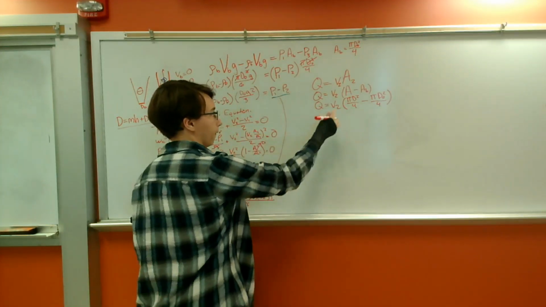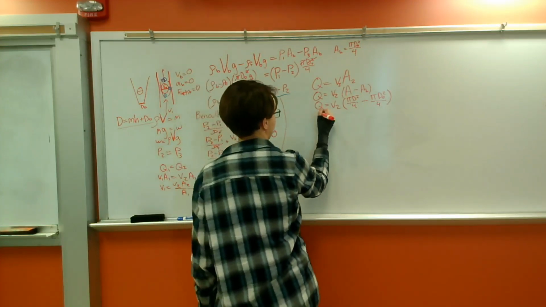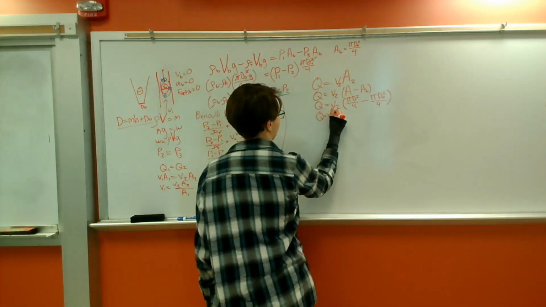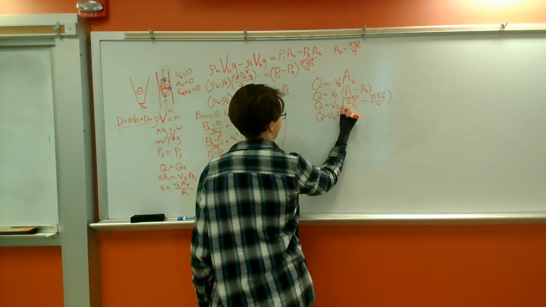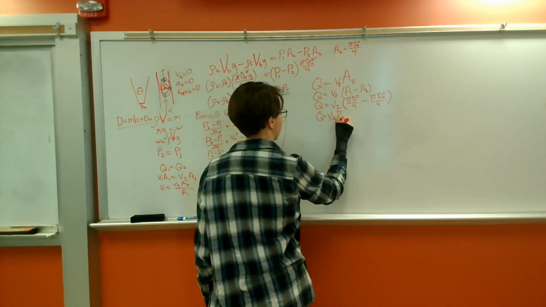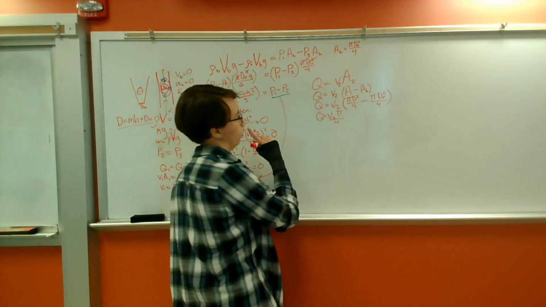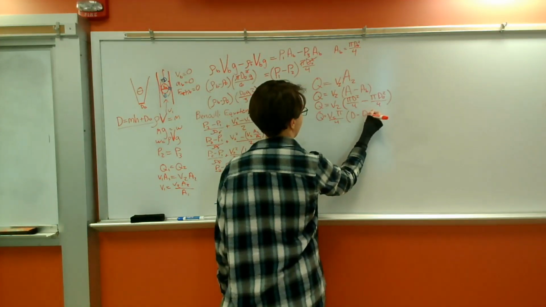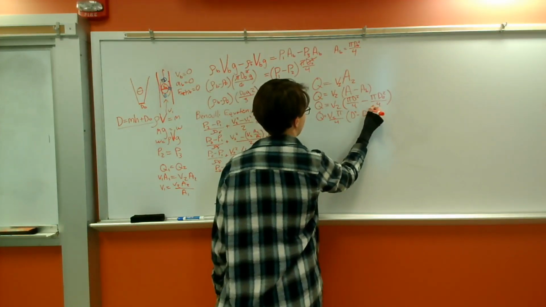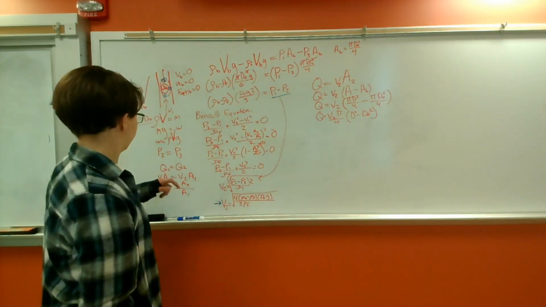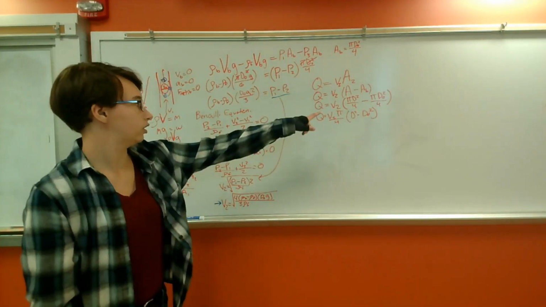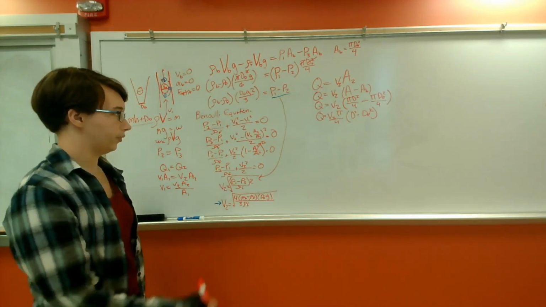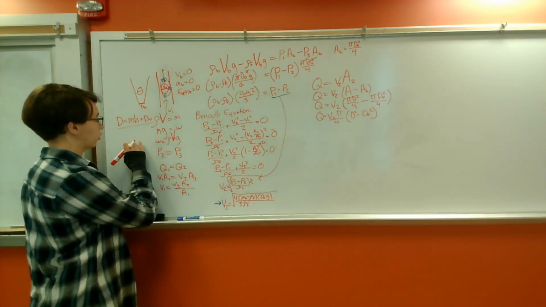So we can pull pi over 4 out of this equation. We've got the velocity at 2 times pi over 4 times d squared minus d naught squared, like that. And then we can plug this equation in for d into there. And it's going to need squared, so I'm going to do the squaring over here where I have more room.